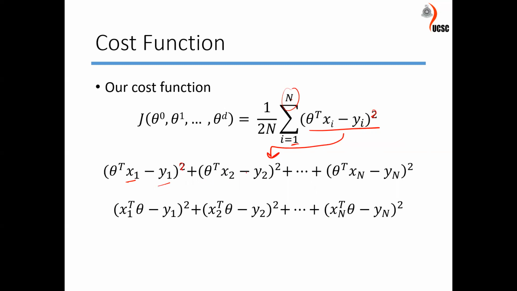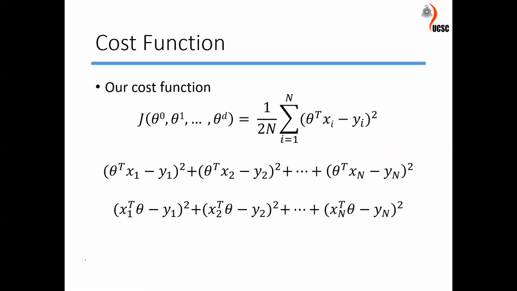Then the second one, theta transpose x2 minus y2, then we get the square of that. Like that, we can expand this equation. This is the summation starting from 1 and going until the nth data point. Don't worry about this n, it's a scalar value, so the scalar is not going to affect us in this scenario.